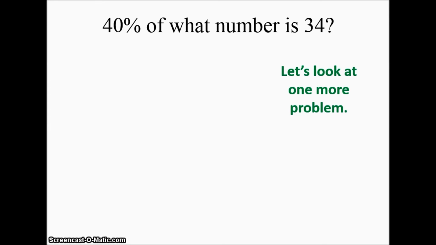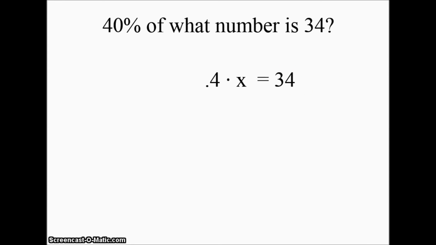One more problem. 40% of what number is 34? Let's look at what we have. I have 40%, but I need to turn that from a percent to a decimal using Dr. Pepper, which means I need to take that decimal and move it to the right, and I always move it twice because 100 has 2 zeros.